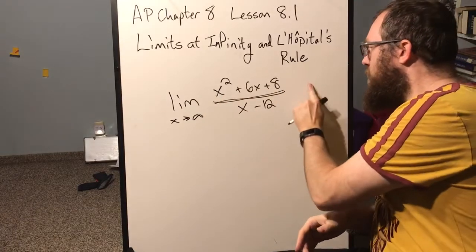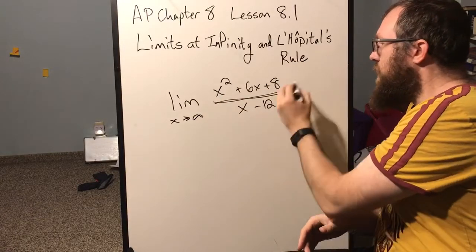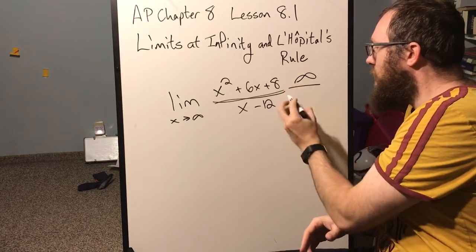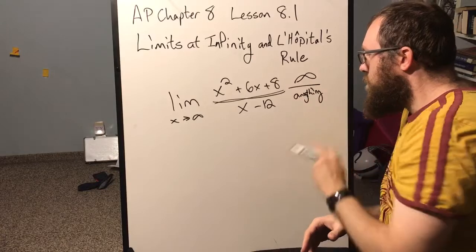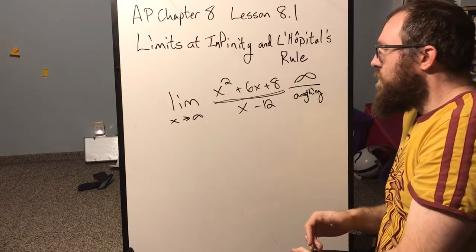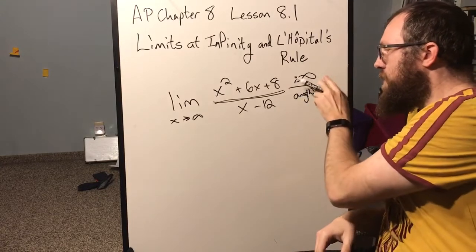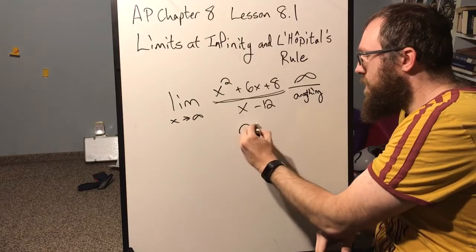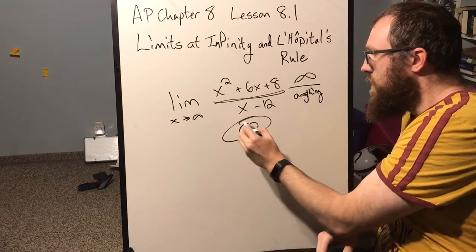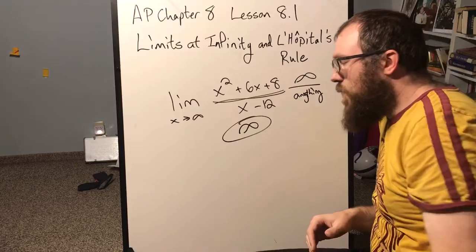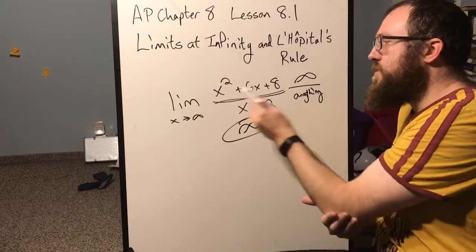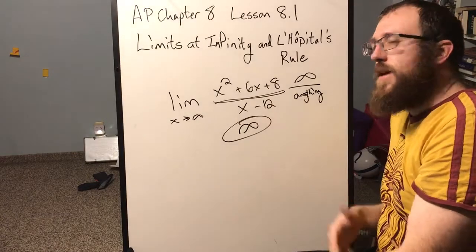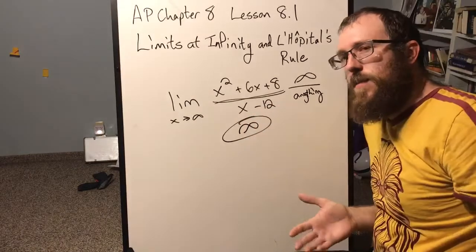Because my numerator is going to infinity, I'm going to end up with infinity over anything. And infinity over anything is infinity. The top will win. Eventually you're going to have like 100 quadrillion sitting on the top, and you're going to have like 10,000 sitting on the bottom.